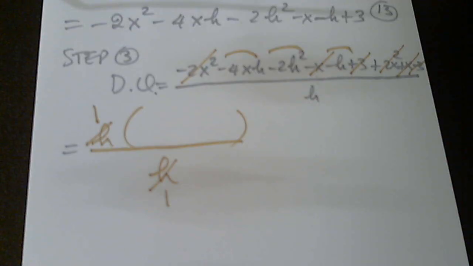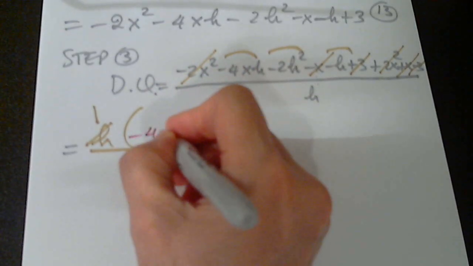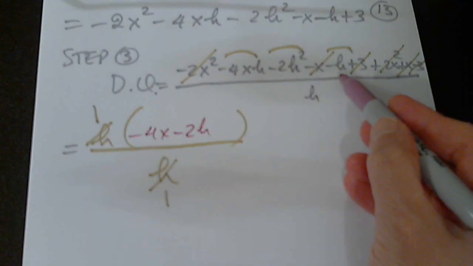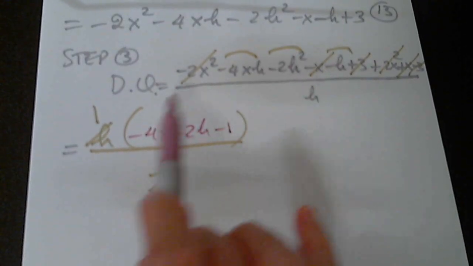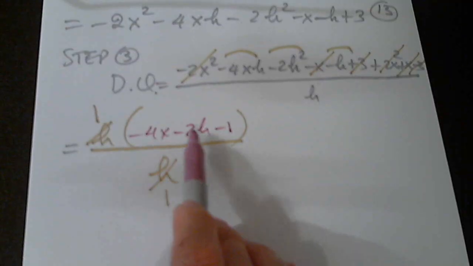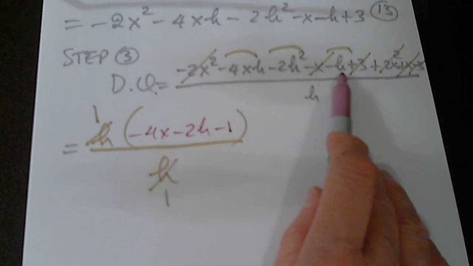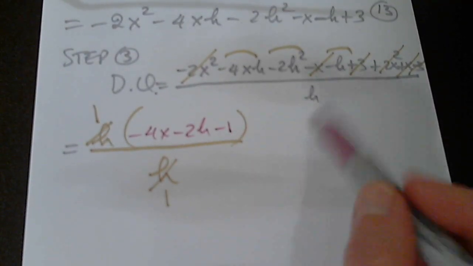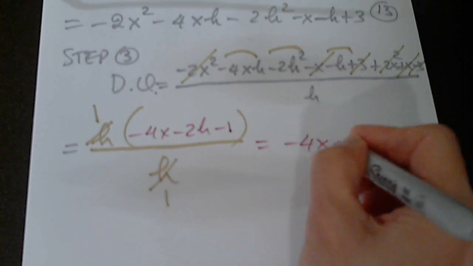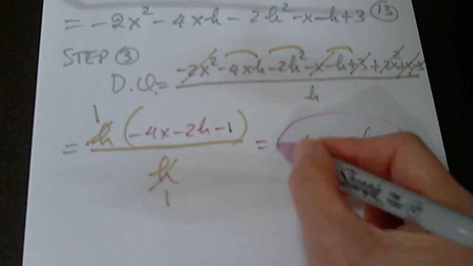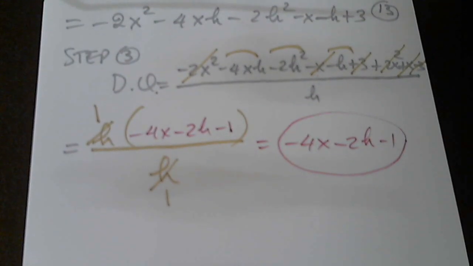What do we have? Negative 4x minus 2h. And then it's negative 1? Exactly. Because remember, h times this is this, h times this is this, and h times this is this. So we cannot drop any term. Very good. So the final simplified form is this for the given function.